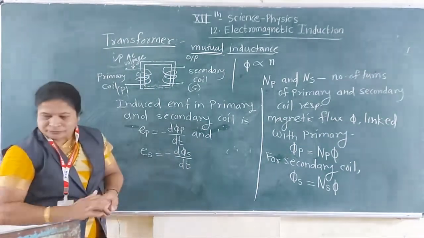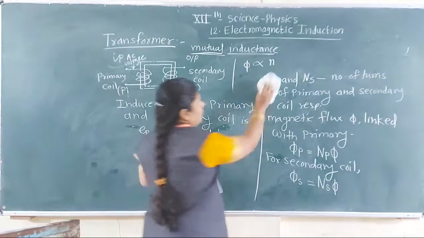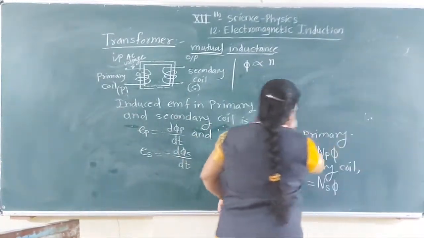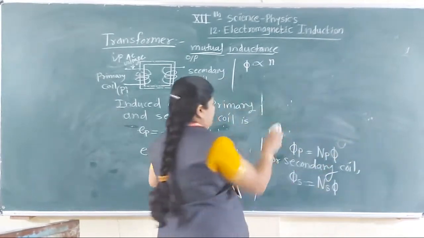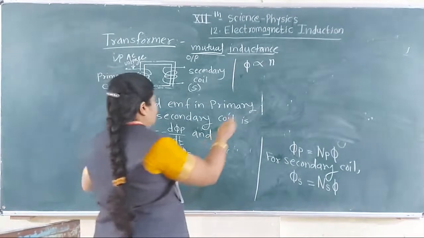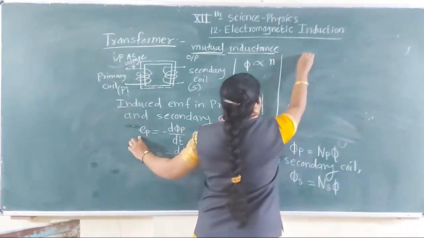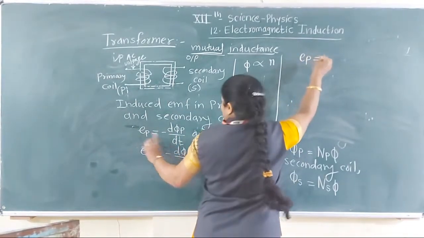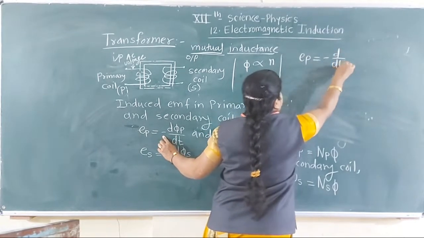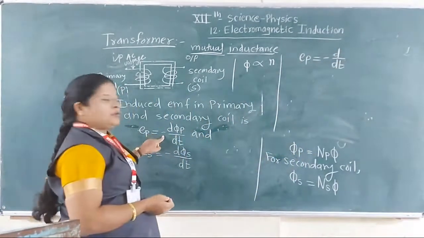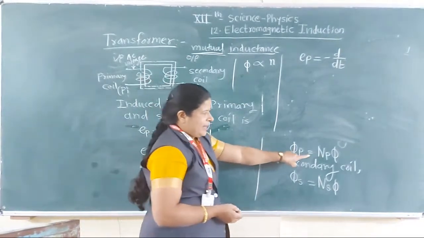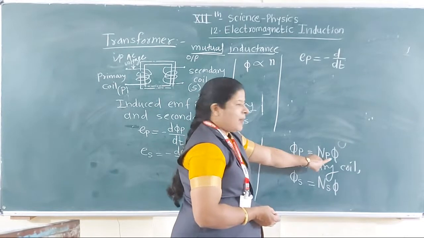So EP is equal to minus d by dt. We write here phi p is equal to NP into phi.